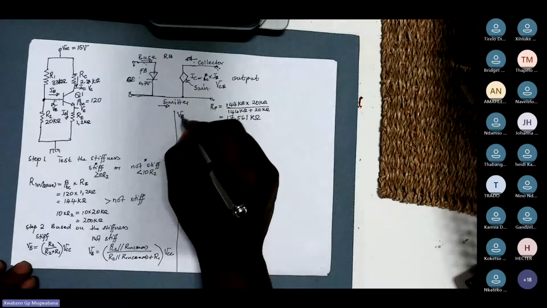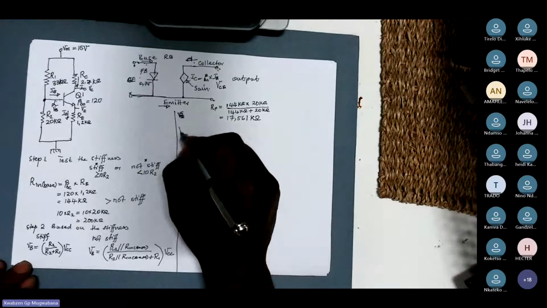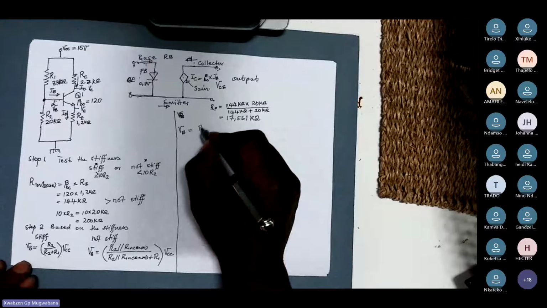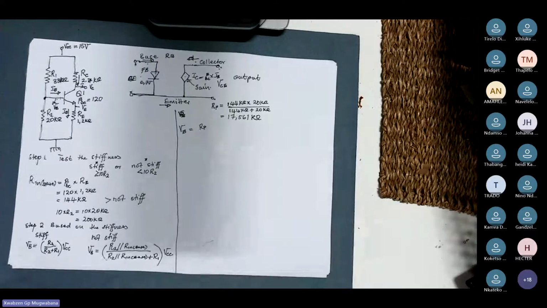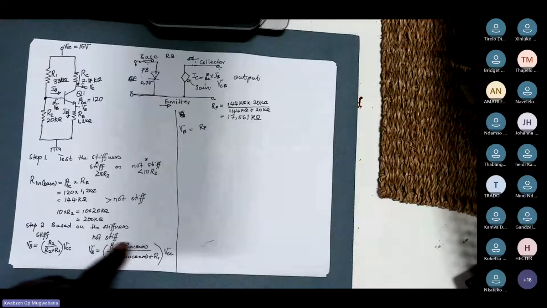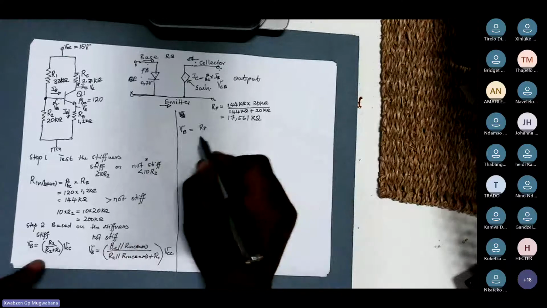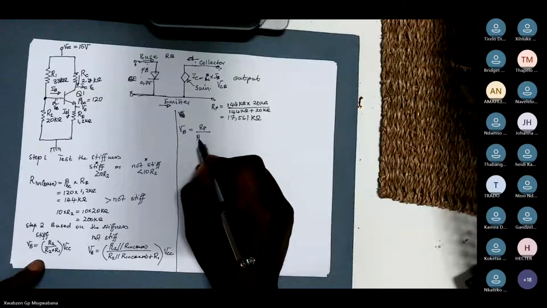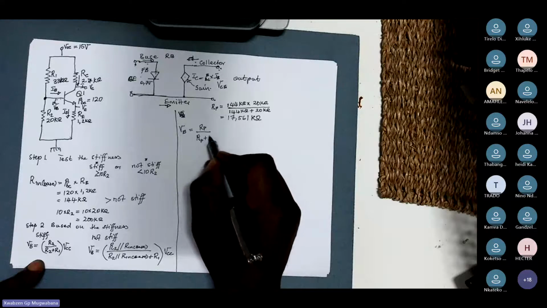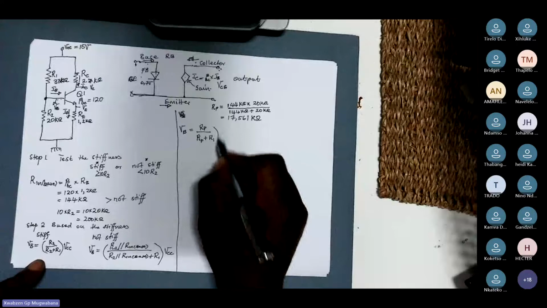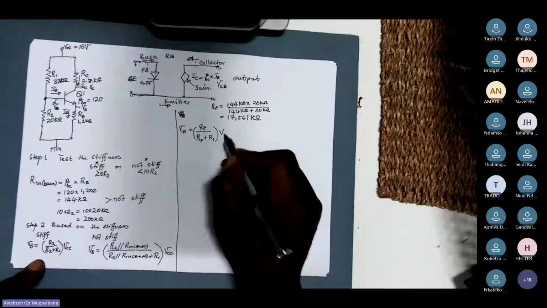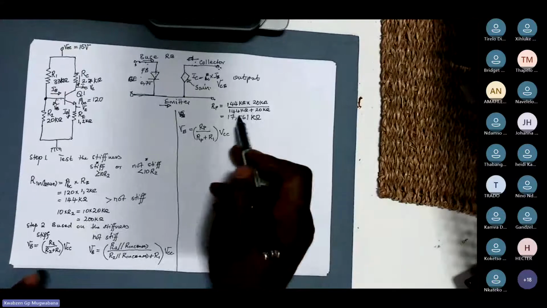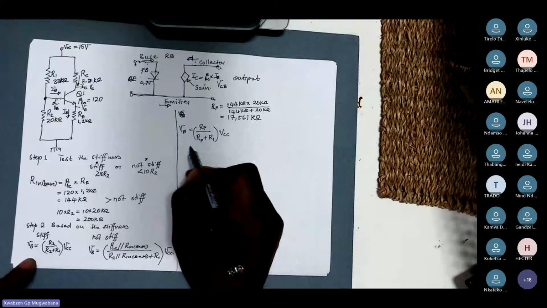Once I determine this, my VB will be your R parallel, remember, the one that you have determined, divided by your R parallel plus your R1, multiplied by VCC. This R parallel is replaced by this one here. Don't forget that.